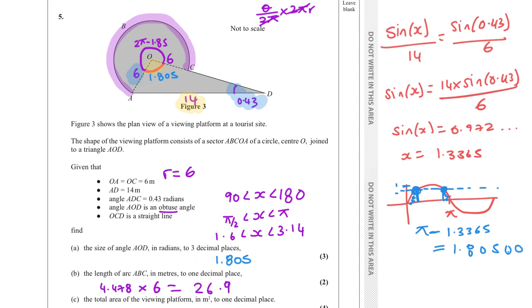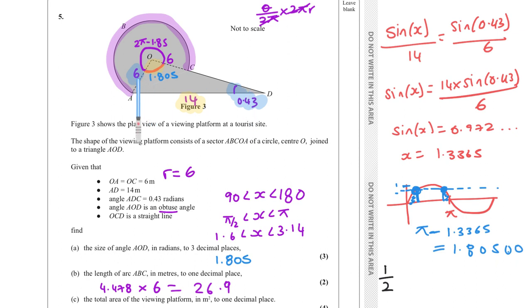Perfect. It then says, find the total area of the viewing platform in meters squared to 1 decimal place. So really nice and easy. I have two shapes. I have a major arc here, and I have a triangle. For the triangle, I'm going to do a half AB sine C. However, we didn't get this angle, but that's okay because I know angles in a triangle add up to 180.